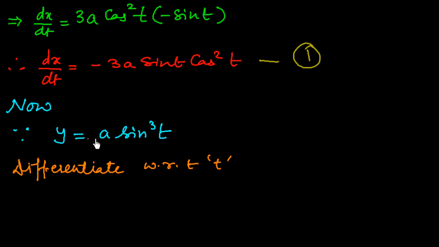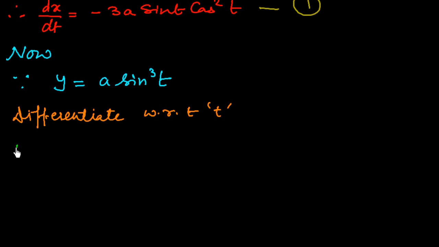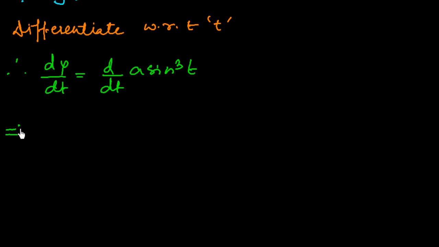We have to differentiate this with respect to t, so dy over dt we have to find out. Therefore dy over dt is equal to d over dt of a sin cube t. Here a is the coefficient of sin cube t, so we take it outside. Now we have to apply the chain rule again.